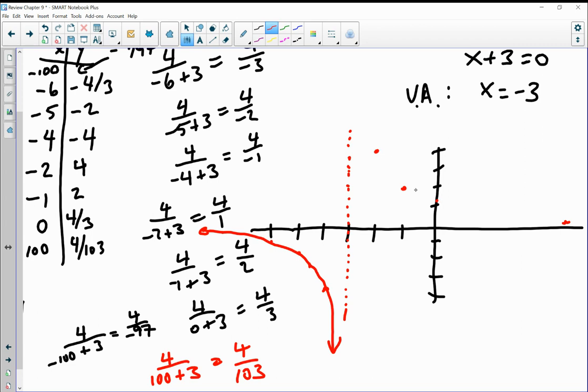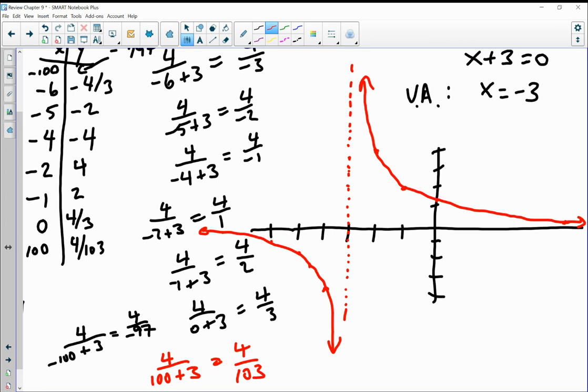We see that this would go closer and closer to 0 as we go farther out, and it follows our vertical asymptote, getting closer and closer to it as we approach x equals negative 3.